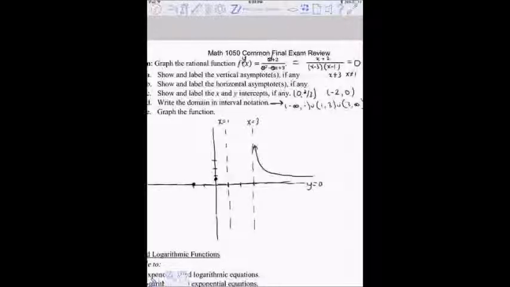But we've got to figure out, is the graph in the top right corner like this, or is the graph in the bottom right corner like that? So a quick way to tell is to choose a test point on that side of the graph, like x equals 4.